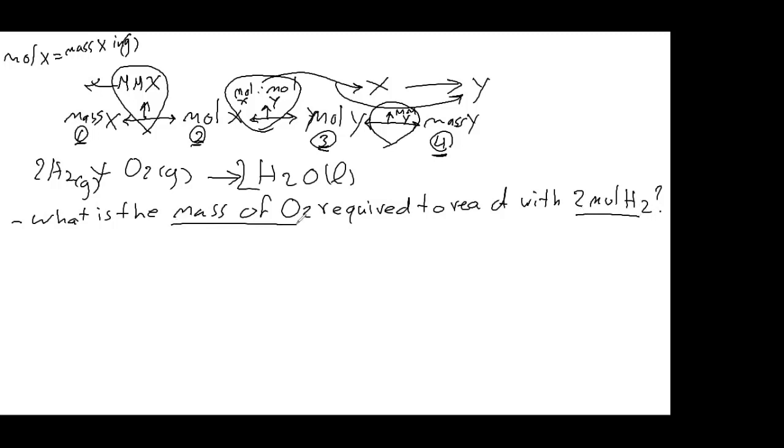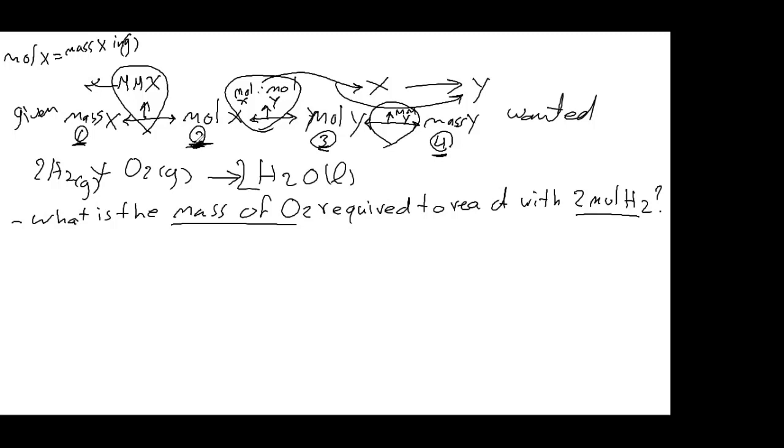Now, the given information will be either step 1 or step 2. X is the given. Y is the wanted. Remember, we always have two chemicals, X and Y. So they give you 2 mole H2. So you need to know whether you are in step 2 or step 1. I have 2 mole, so I'm in step 2.